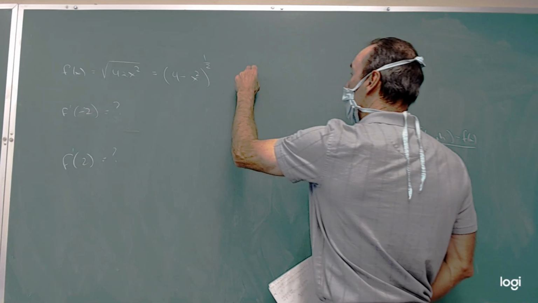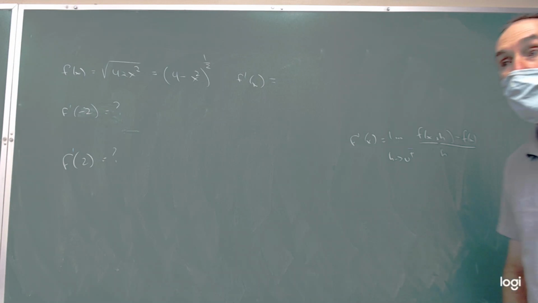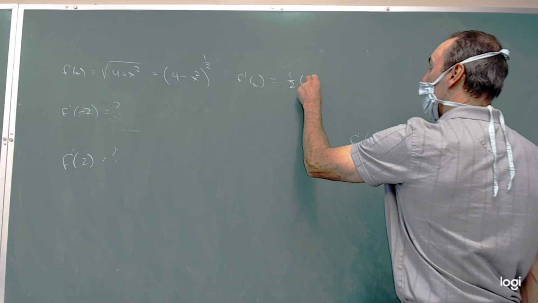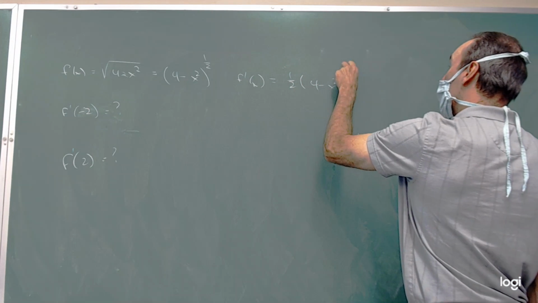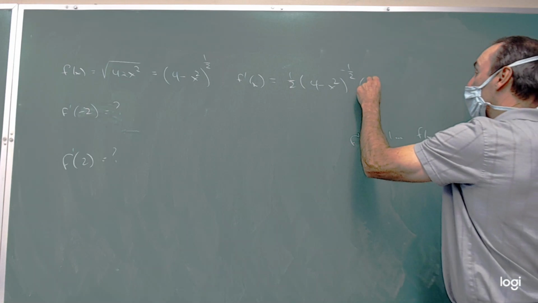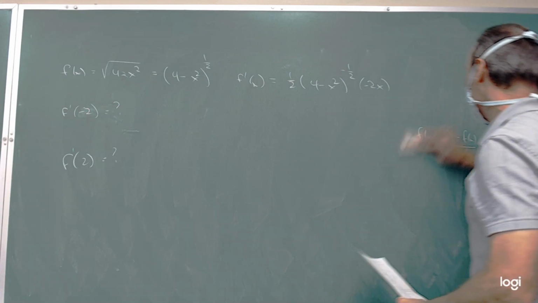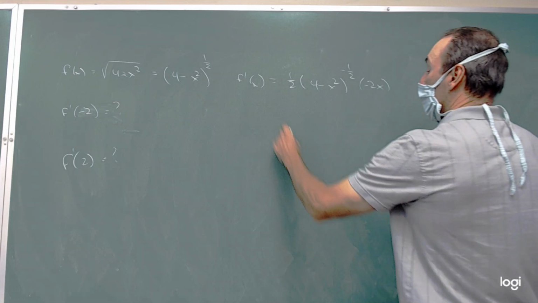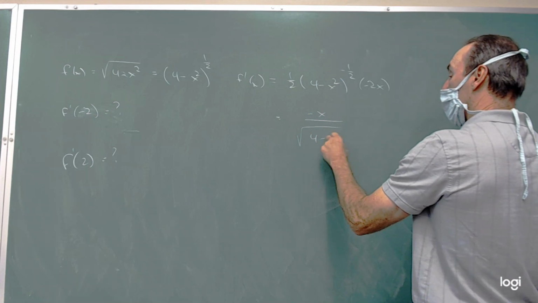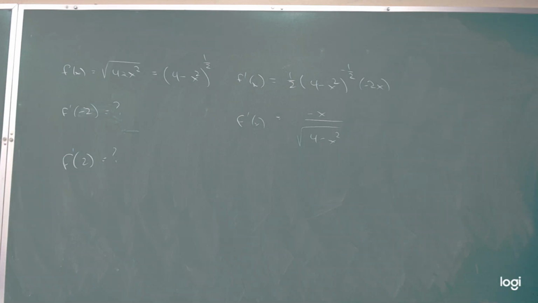So f prime of x, it's been a while since we've done chain rule, is 1/2 times 4 minus x squared to the negative 1/2, times negative 2x. A little cleanup, we can cancel the 1/2 with the 2, so that's going to look like negative x over the square root of 4 minus x squared in the denominator. Does that look familiar?